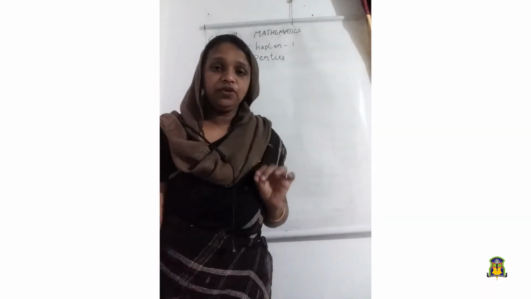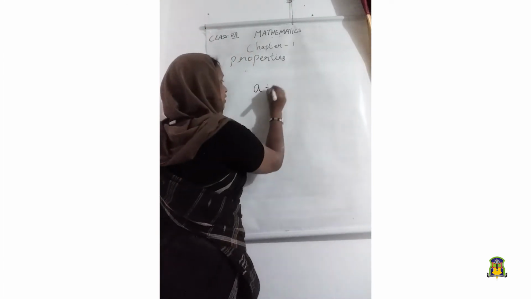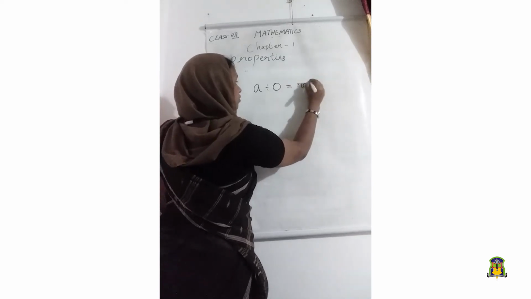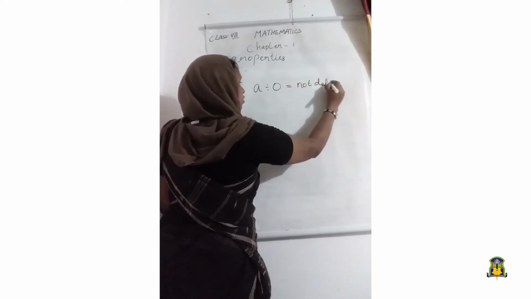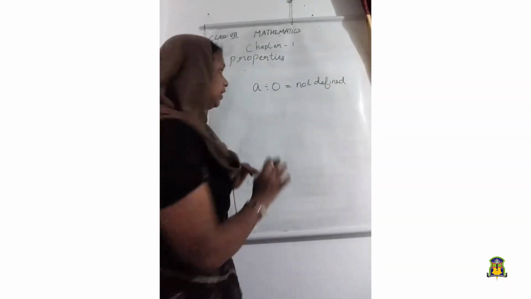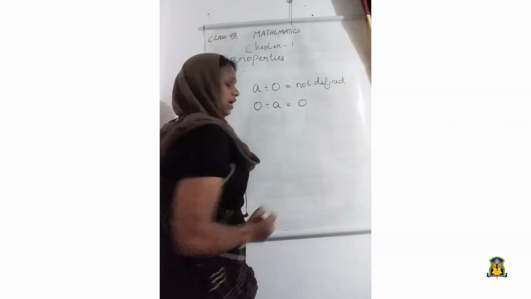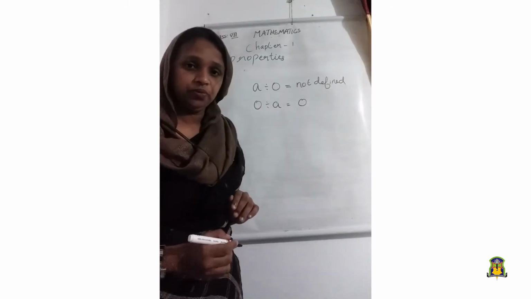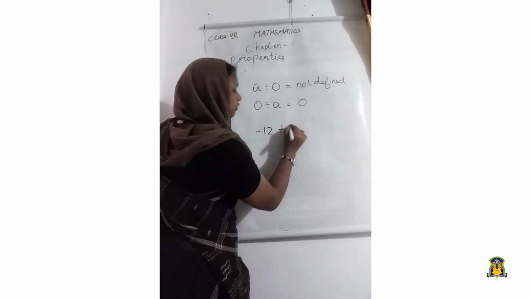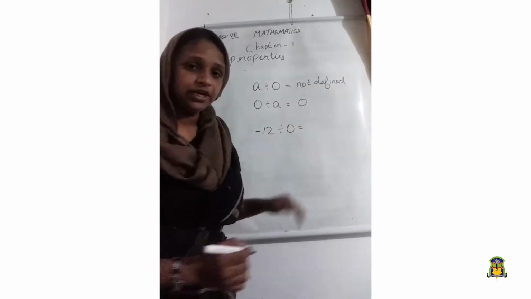Next, if we divide an integer by 0, A divided by 0, the answer is not defined. There is no answer. For example, negative 12 divided by 0 is not defined.